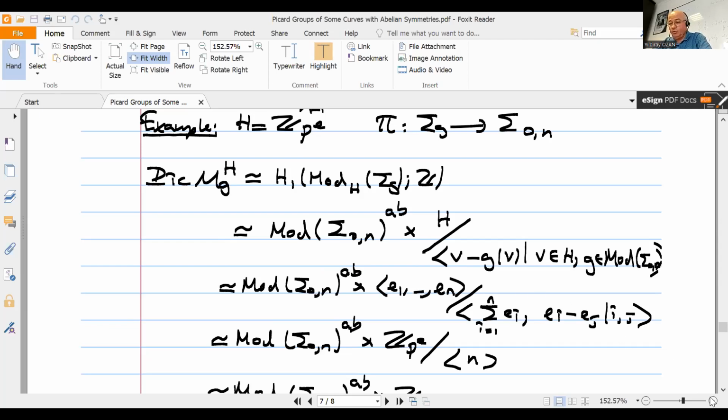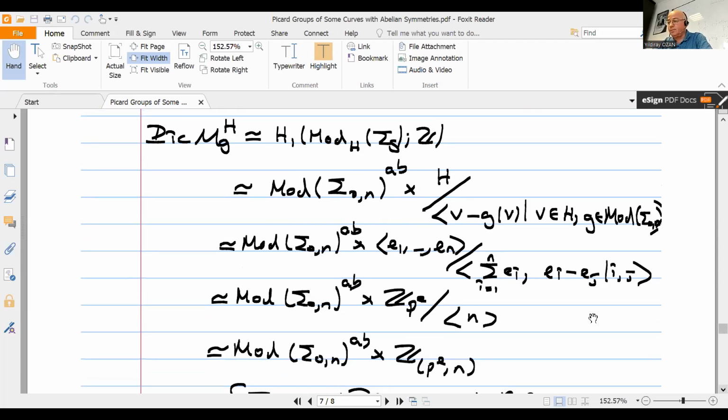If you do the computations, here G acts on the generators of H by just permuting them. It permutes the punctures, therefore it permutes the homology classes, therefore it permutes the standard generators of the abelian group.